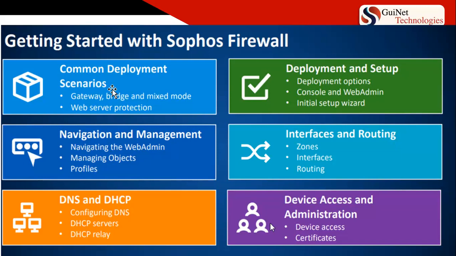All right. We will also navigate to the objects, how we can manage those objects, how we can put those objects into the profile or into the firewall rule, and configure as per our network topology. Of course, we will start with the interface and routing.